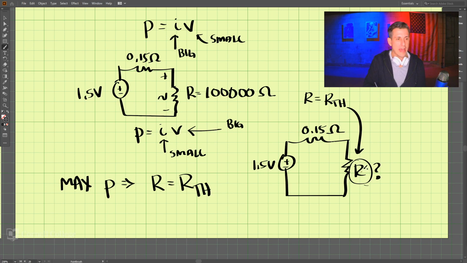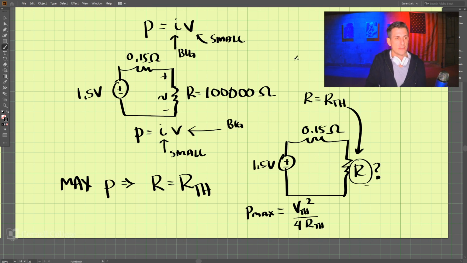I would also like to add that the maximum power that you can get out of this system, P max, is equal to the Thevenin voltage squared divided by 4 times R Thevenin.